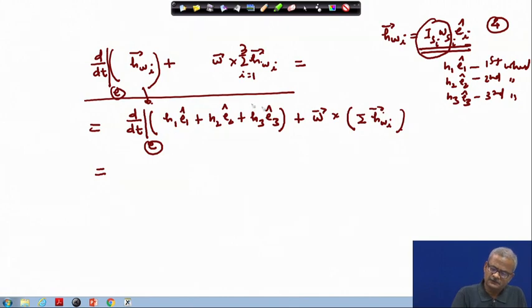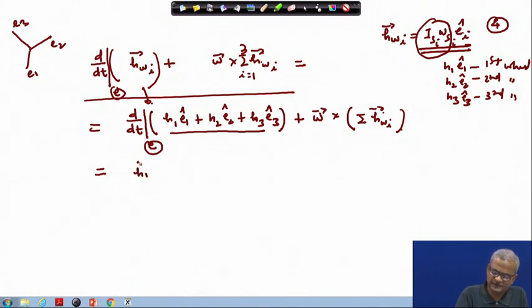Now we have to look into this place. Obviously, in the body frame this E 1 is not changing. If you are taking the derivative of this term with respect to this frame itself, in this frame h 1 will change. So, we will get h 1 dot E 1 cap plus h 2 dot E 2 cap plus h 3 dot E 3 cap.